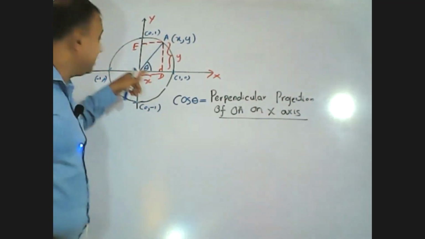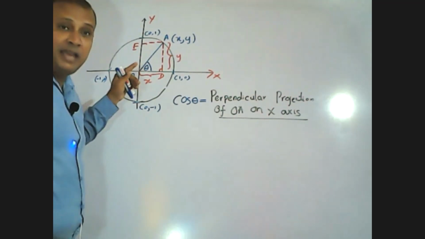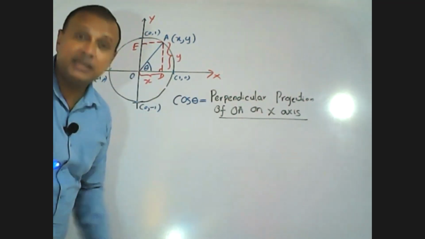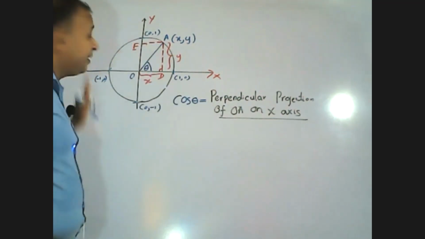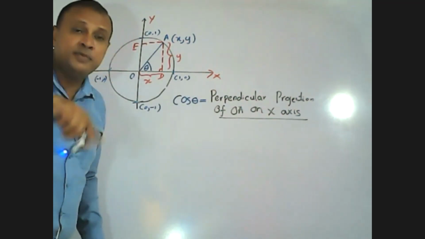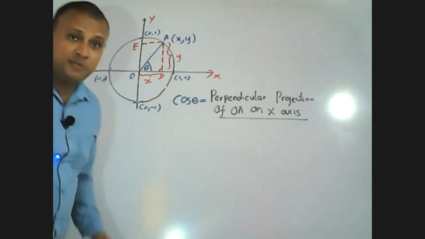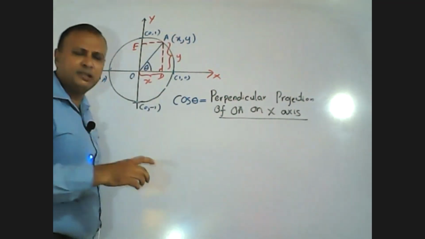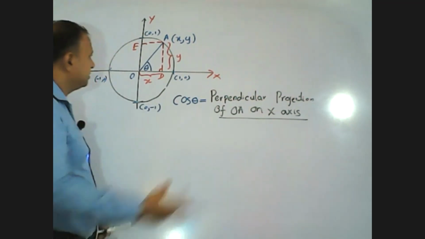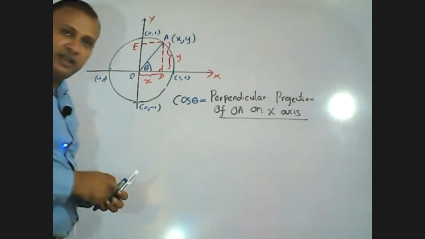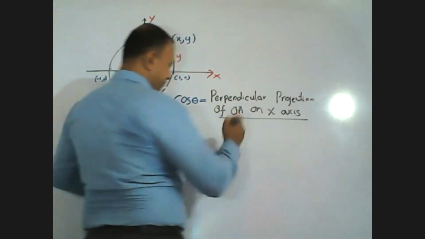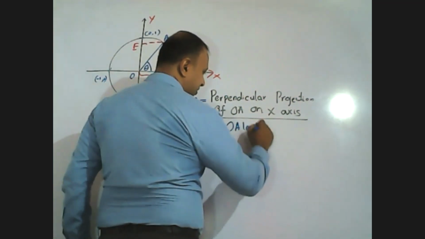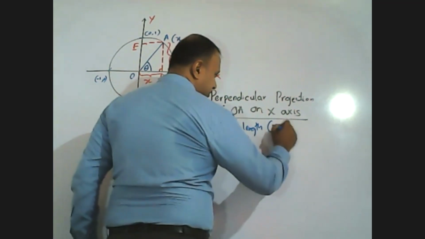If I use a triangle, I write the hypotenuse, but in terms of the circle, OA is equal to the radius, or just write OA length or radius.